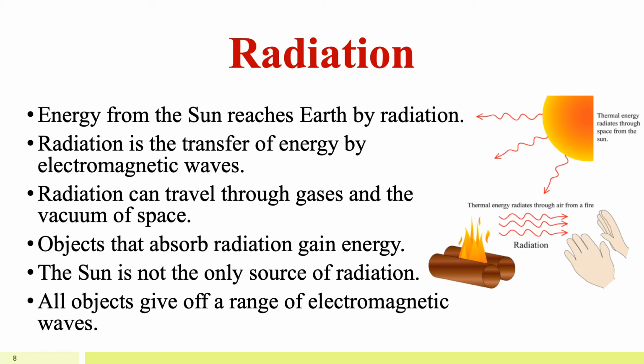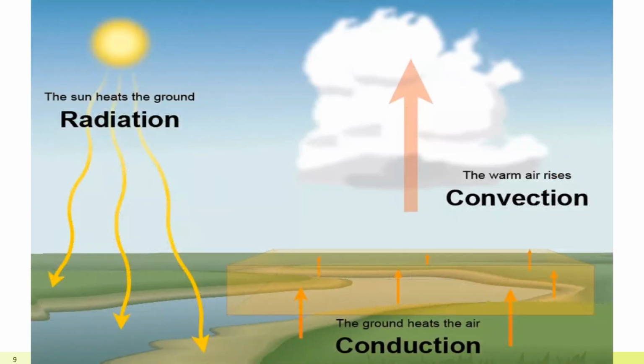Look here at how the heat will transfer. This picture shows how the energy is transferred in the atmosphere through the three ways: radiation, conduction, and convection. In radiation, first the sun heats up the earth or the ground by radiation.